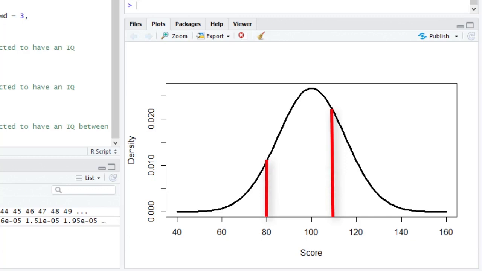We can calculate the percentile rank for 110, the proportion of children who will score below 110 using p-norm. We can also calculate the percentile rank for 80, the proportion of children who will score below 80 using p-norm. Can you think of a way to use these two pieces of information to answer our question?